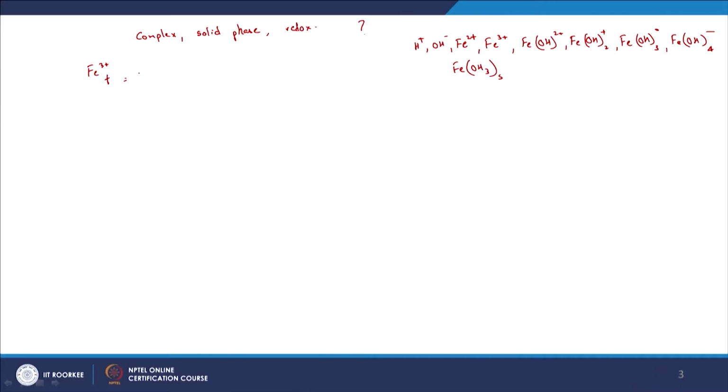So, if I can write that down, Fe3+ total would now be equal to, based on what we worked out in our aqueous complex example, I am going to write that down directly here.